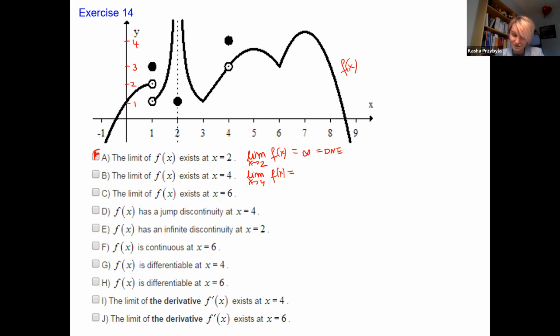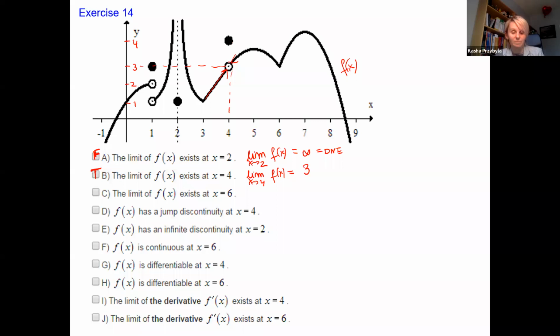That means yes is the correct statement. The limit exists, true, but can you tell me what the limit is? The limit is actually 3, because we're looking at what the curve does, not the solid dot. That means the curve is approaching that open dot, which is at level 3.